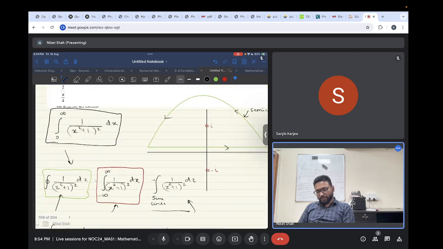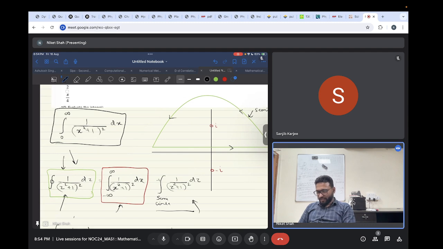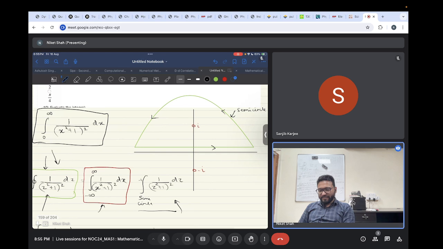Now see this part. What I'm saying is that this left hand side, this green part, is basically this whole contour, where the lower green line is actually on the x-axis. Let me redraw this. This is the line and this is it.